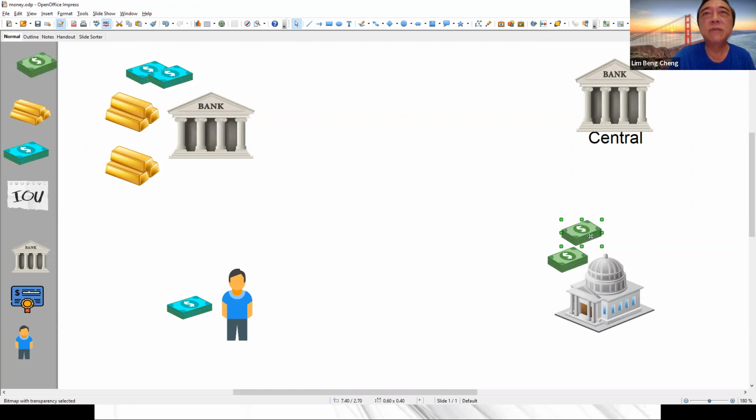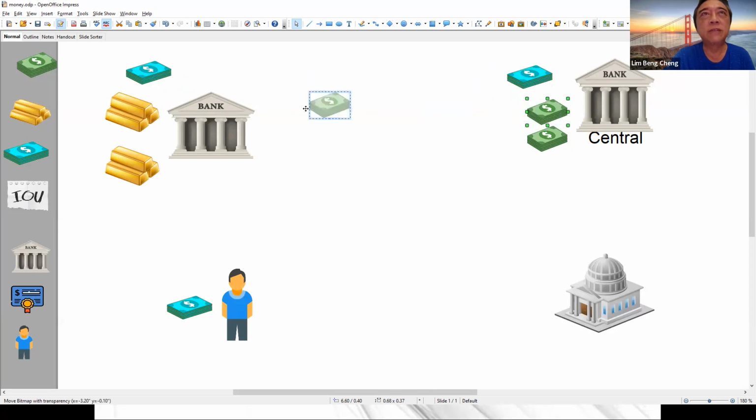Okay, so how the government created the money, they pass it to, let's say, the central bank, some control body, because the government is not doing all this giving out money business. Then the central bank will ask the small bank, okay, you give me one stack of the old currency, I give you a stack of new currency.